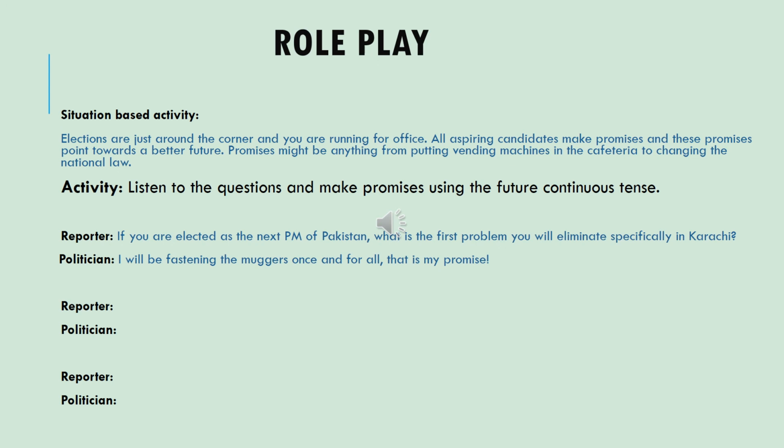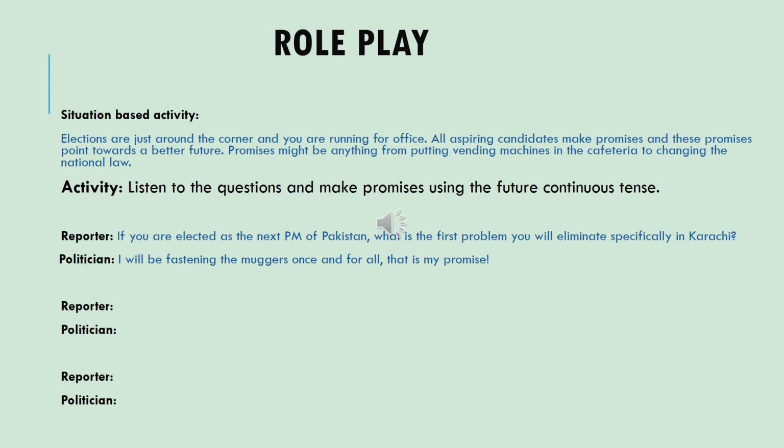Before the teacher introduces the activity, she has to select one student who is going to become a reporter and one student who is going to become a politician. This is how the activity is going to take place, so that the students engage through different perspectives.